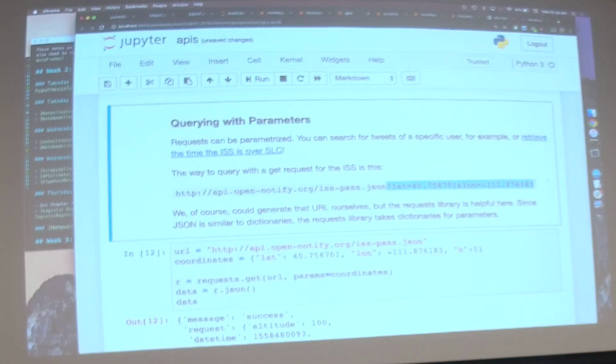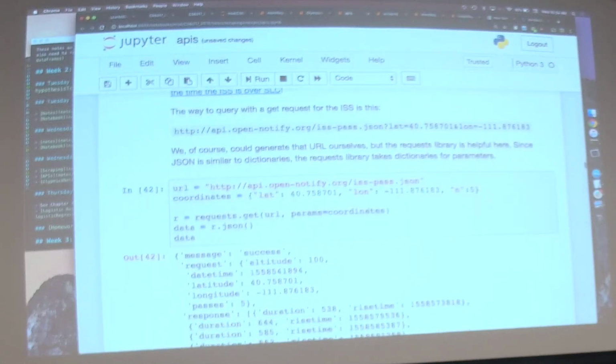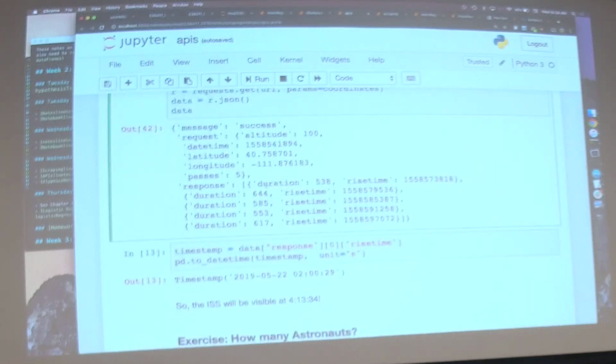But here we can just do string processing. Also, the requests library lets you pass in a dictionary, and it will turn it into the question mark ampersand stuff. So this is going to say, tell me the next 5 times when the space station is going to be over Salt Lake, and it'll tell us all that information.